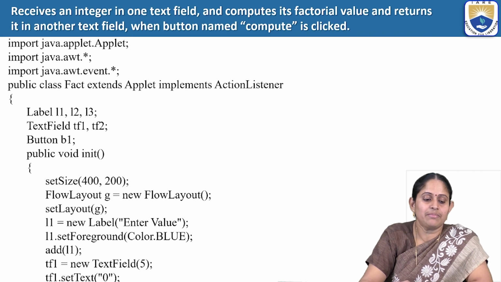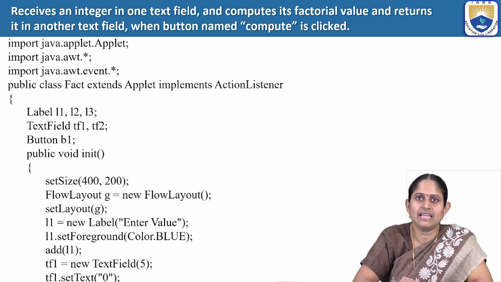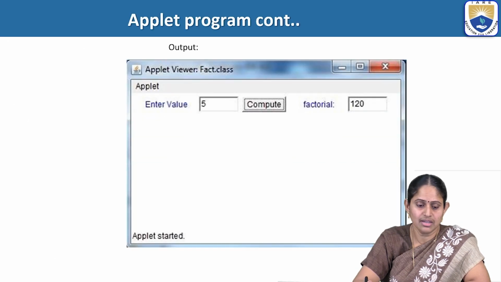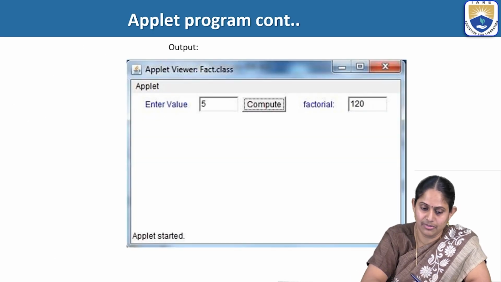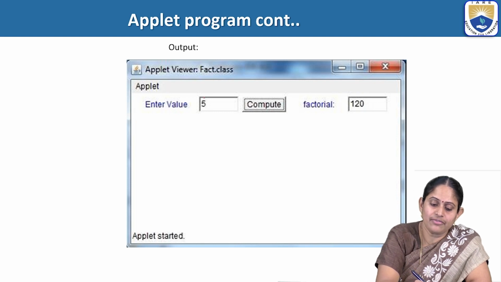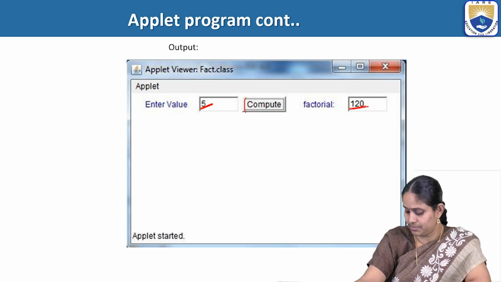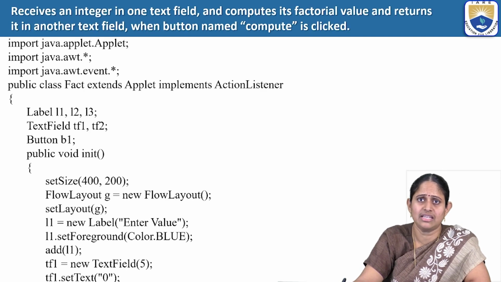Next, in another example, we are creating an applet to receive an integer in one text field, compute its factorial value, and return it in another text field when the button named compute is clicked. So here we have one text field to read a value, and when the compute button is clicked, it will display the factorial in another text field.